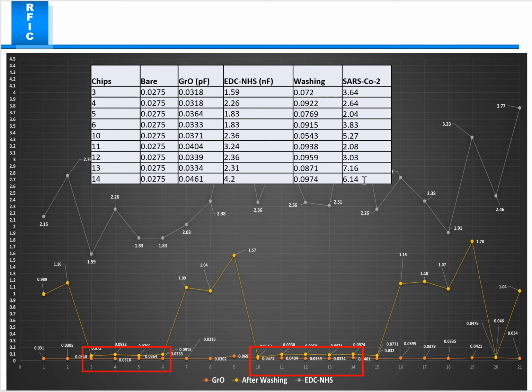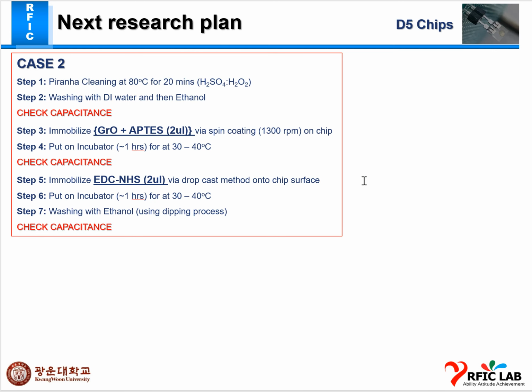So in this week I have to check with the fresh sample of antibody, and simultaneously also work on case 2, mixing graphene oxide together with APTS, and then we use EDC NHS. In conclusion, case 1 is more feasible now because our chip is getting a more positive response, so we move to the D5 chip and do case 2 as well.